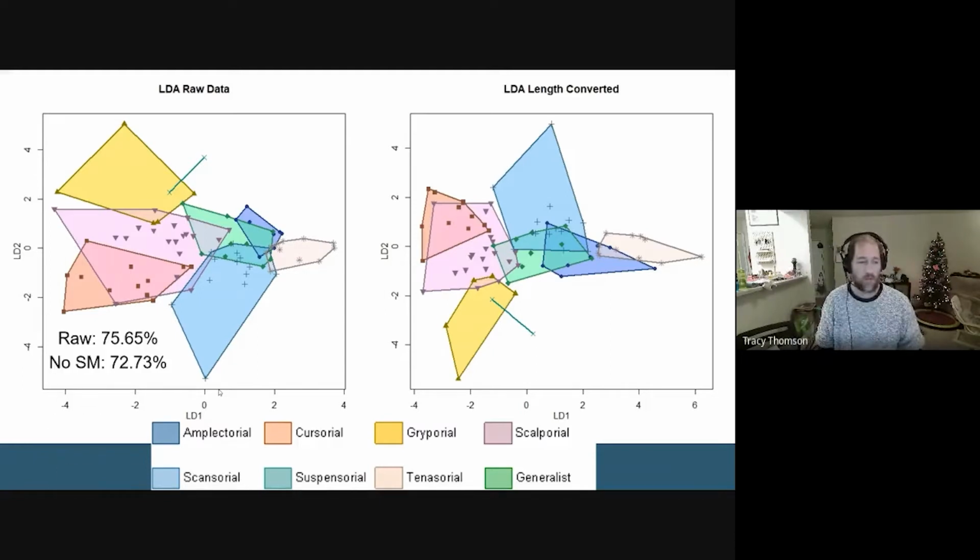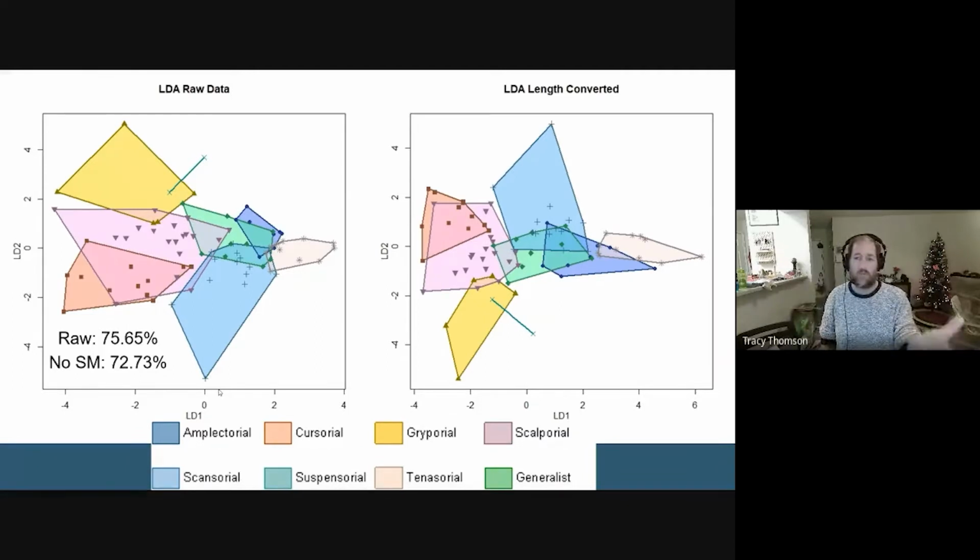I do want to put up the numbers. I mentioned the raw data set. The raw data set is the one that has the degrees, and the length data set is the one that has lengths. So remember, I separated the degrees from the lengths to see if that had any effect. In the raw data set, it was able to correctly classify 75% of the species.